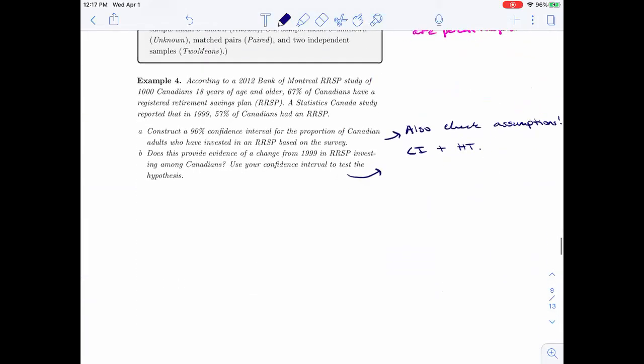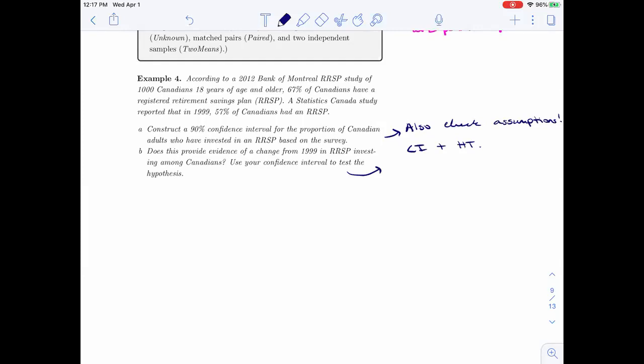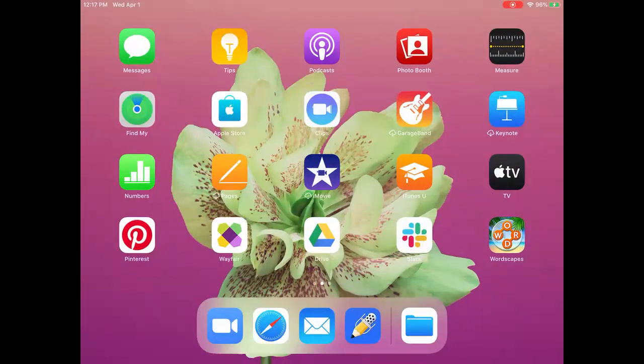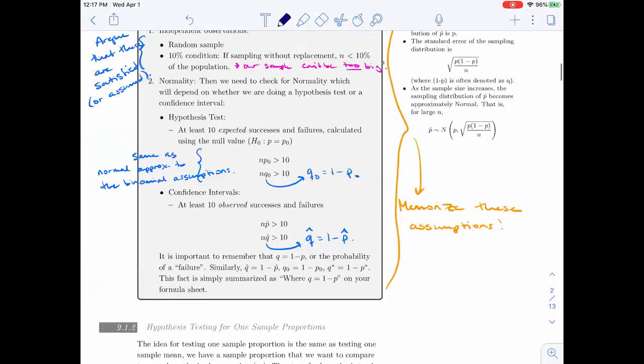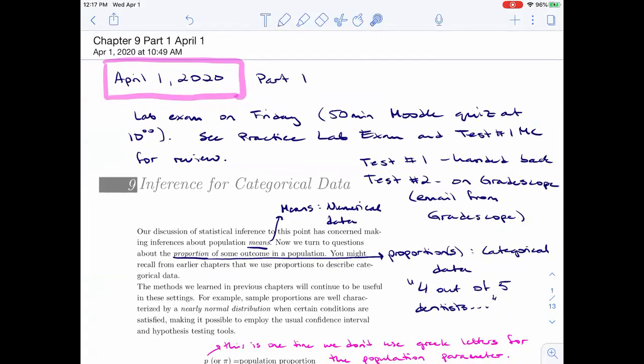Then on Monday, we'll finish all our material by doing 9.2. Remember, you've got your lab exam on Friday. It's going to be a 50-minute Moodle quiz at 10 o'clock, so you'll have 50 minutes to do it. Make sure that you have a look at the practice lab exam and the test 1 multiple choice.